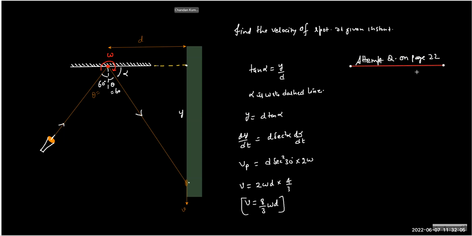Don't try to copy paste, try to understand and solve. The PDF I have shared right away. You can see the book page 22. I think both are similar, but it may be different in different tools.